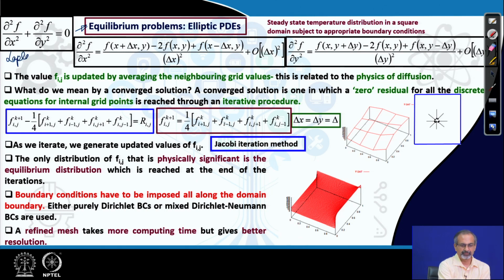So, what we have here is the problem of solving the Laplace equation. The dependent variable is f, which is a function of x and y. We already learned that the second order derivative of f with respect to x, it is a partial derivative here, mind it.